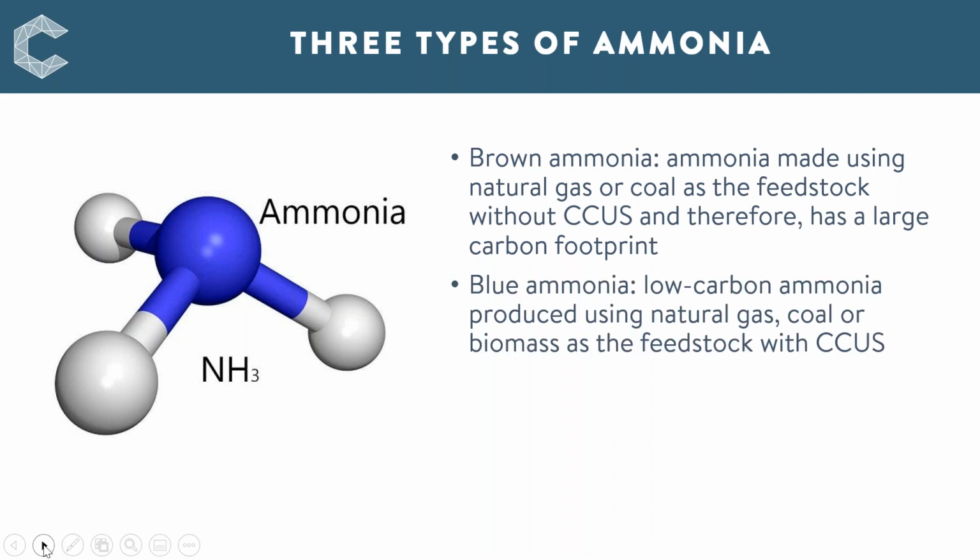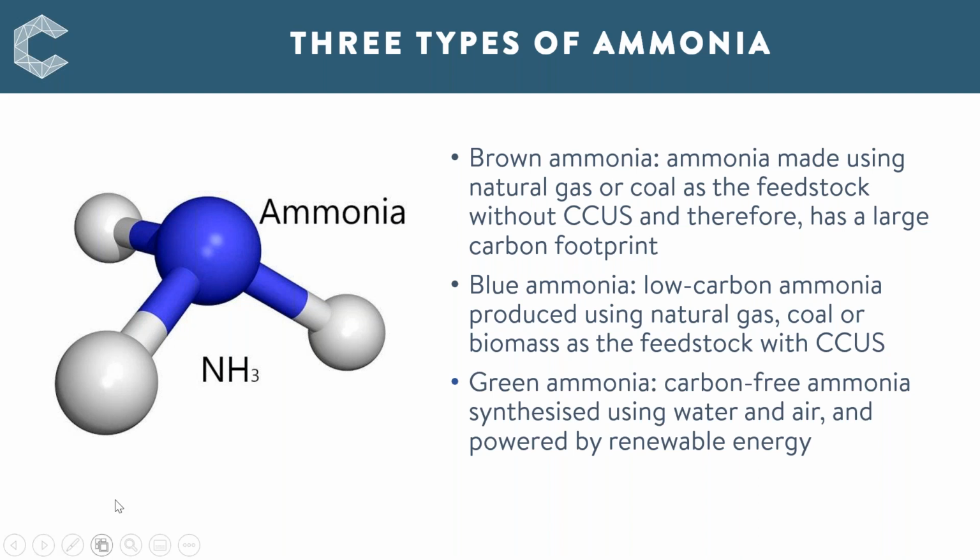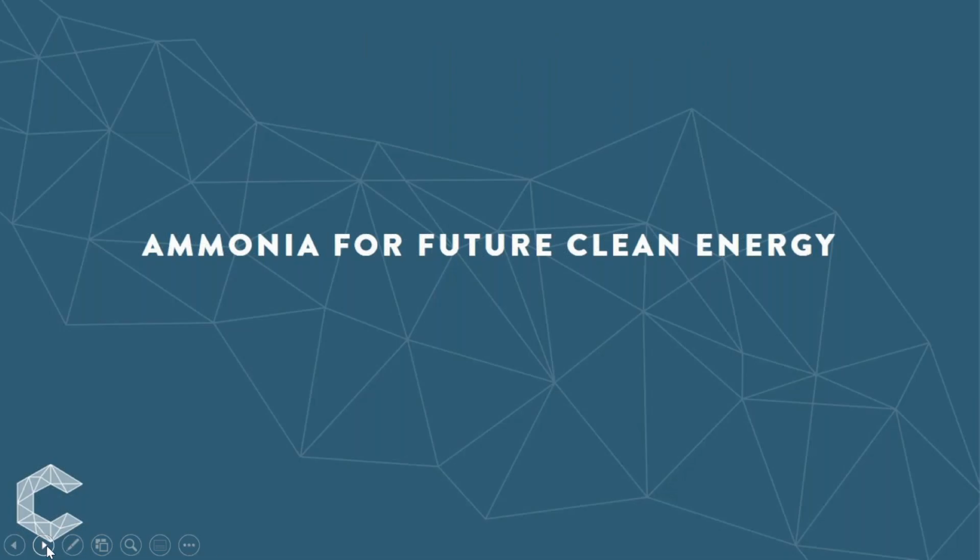Blue ammonia is produced from fossil fuel with carbon capture, so it has a low carbon footprint. The green ammonia is synthesized using water electrolysis and powered by renewable energy, so its production is carbon-free. Next slide, please.